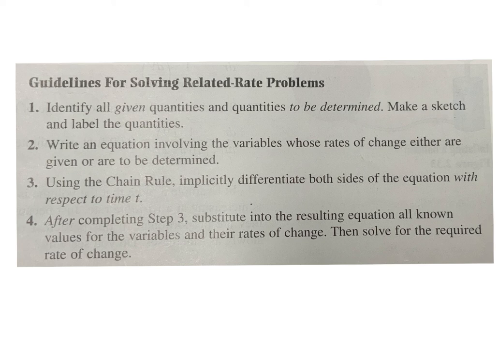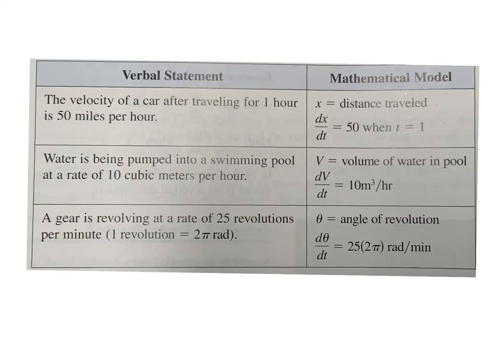All right? They want to start getting you thinking about the words that they have versus what that translates to algebraically, right? So the velocity of a car after traveling for 1 hour is 50 miles per hour. If x represents my distance traveled, they told me my dx dt, 50 miles per 1 hour, right?